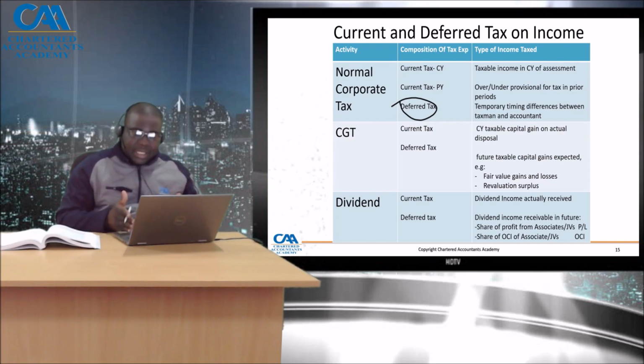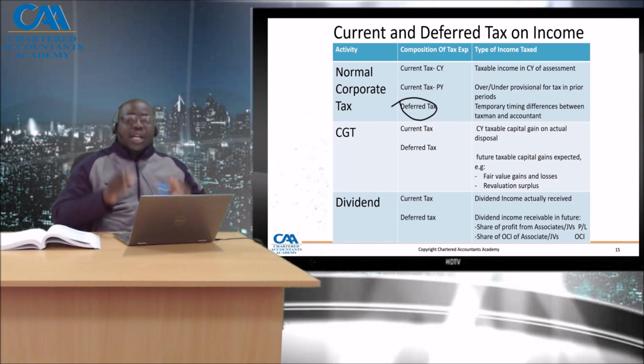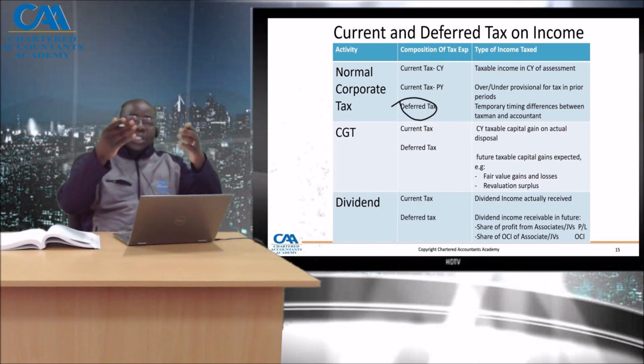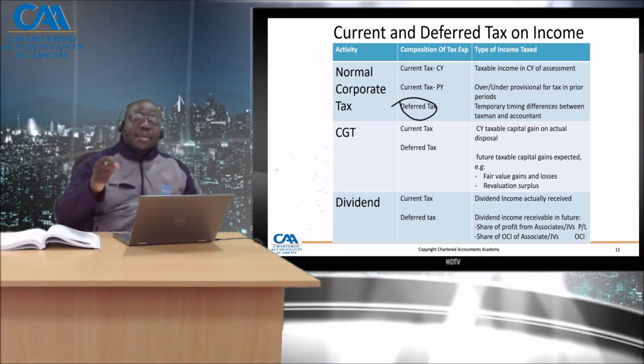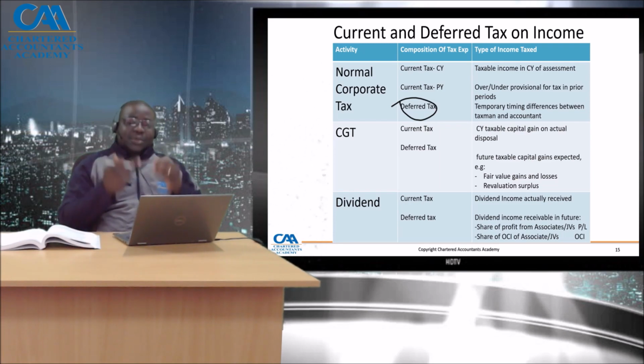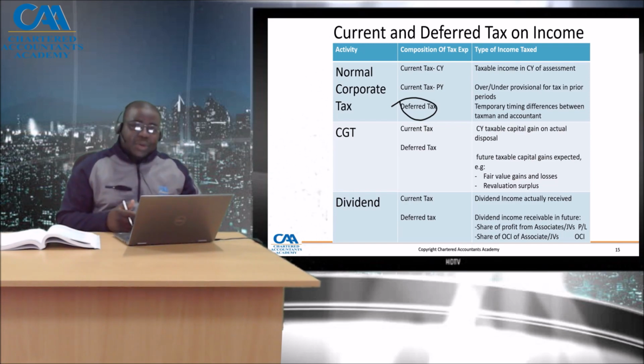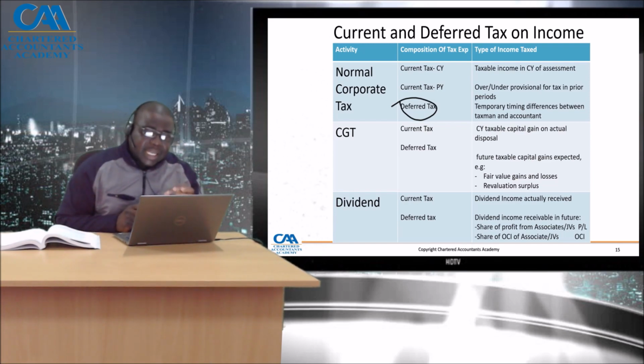The event has happened now, so income may either be in the profit and loss or in other comprehensive income. Because we've accrued this now, we should show the tax consequences now, but the actual payment of that tax may be in the future. Whereas for current, the income has been earned now and the tax is payable now. That is what we call current tax.